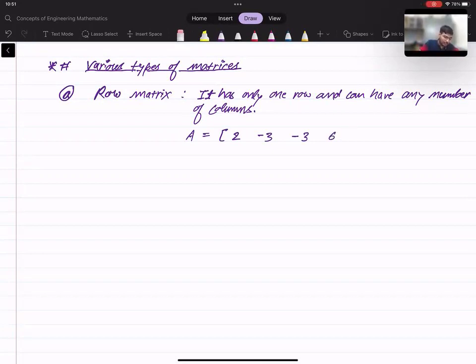So it may have any number of columns, but it will have a single row. So this is a 1 by 4 matrix. Here there is only one row but four columns.